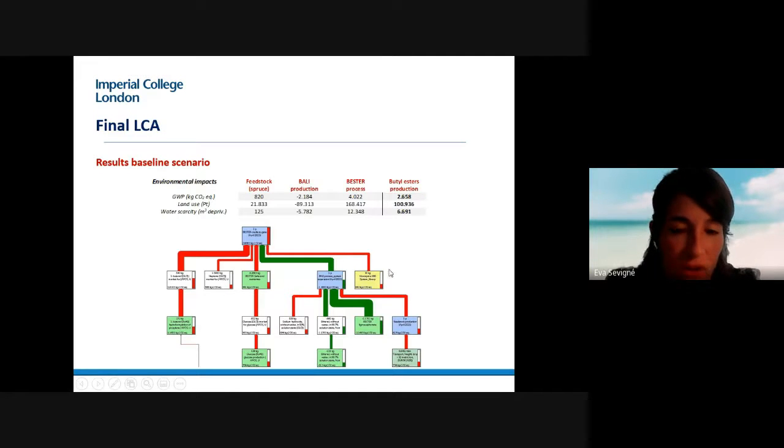And in these figures, you will see the Sankey diagram of producing these butyl esters, limited to climate change. What you can see is that the production of the valley, because there are some other products going out of the system, reduces the environmental impacts of the final butyl esters production.